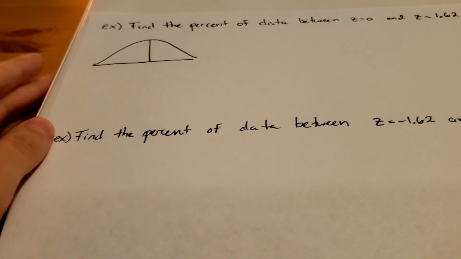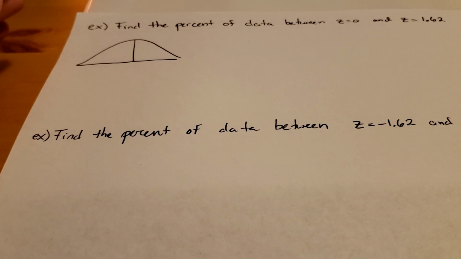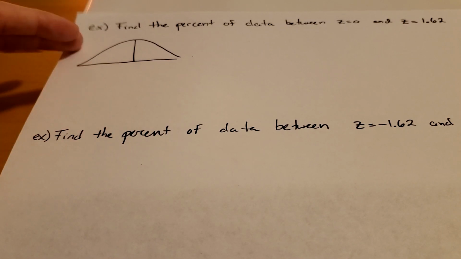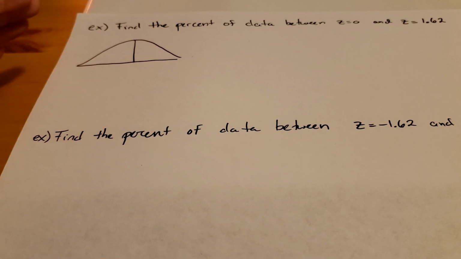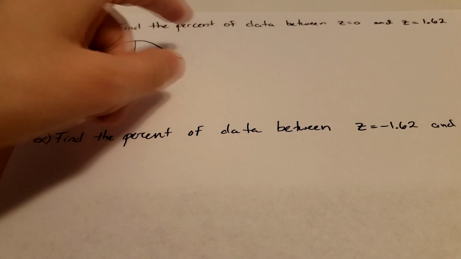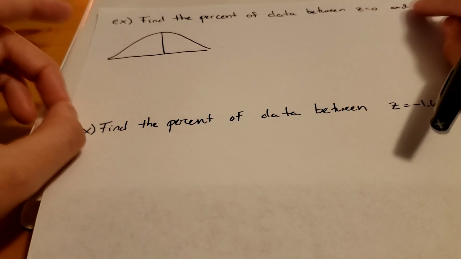Also, one thing: if the problem doesn't give you any information about the type of normal distribution you're working with, if they say standard normal, or z-table, or anything like that, just assume it's a standard normal curve. Here they say nothing, so we're going to assume it's a standard normal curve. If they gave us any other information, we may have to do something different, and we'll look at that in future videos.